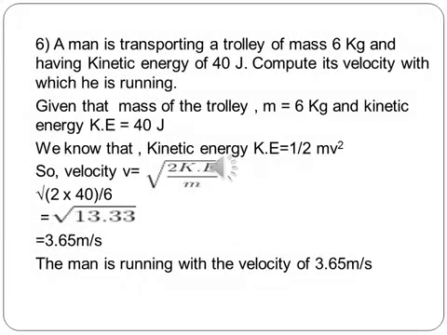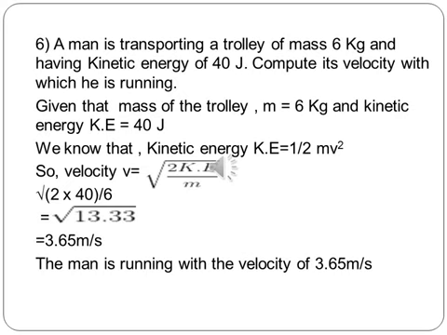And sixth question is, a man is transporting a trolley of mass 6 kg and having kinetic energy of 40 joule. Compute the velocity with which he is running. The solution is, given that mass of the trolley m is equal to 6 kg and kinetic energy KE is equal to 40 joule. We know that kinetic energy KE is equal to 1 by 2 mv square.